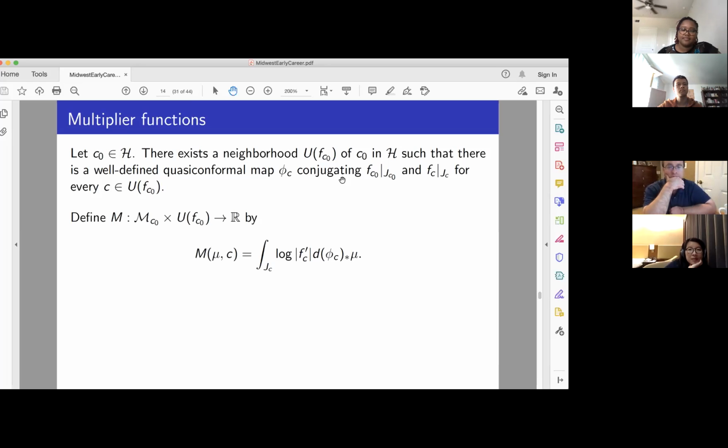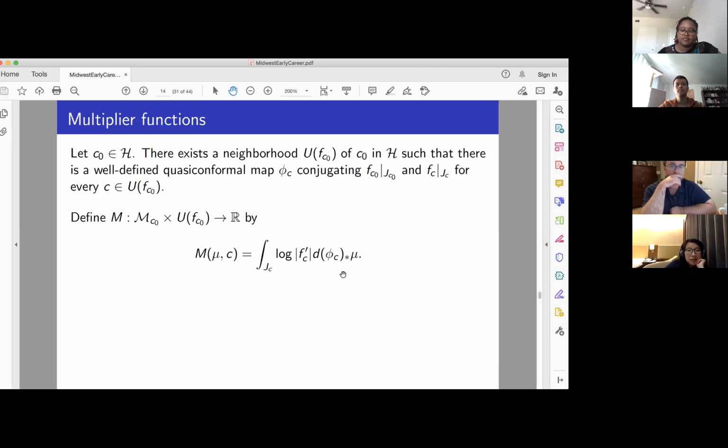Right, so now I want to define a map on M_C0 cross the neighborhood into R as follows. So M takes two inputs. The first one is an invariant measure on C0, and the second is a parameter C in the neighborhood of C0. And M of mu, C equals this integral. So what does this mean?